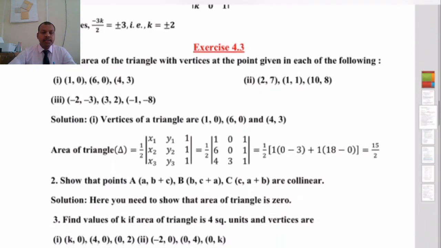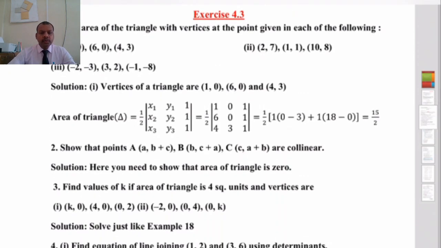Now the next question is question number 2. Show that points A, B and C are collinear. I have already told you that if the points are collinear, then the area of the triangle will be 0. So here you just have to find the area of the triangle using these coordinates, and you will see that the area will be 0.